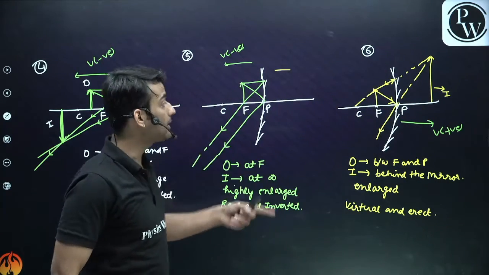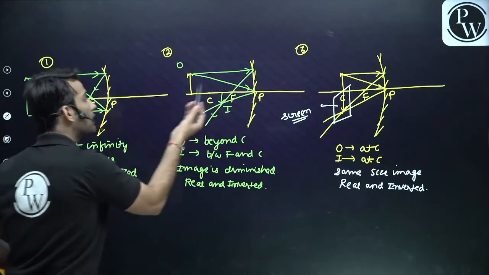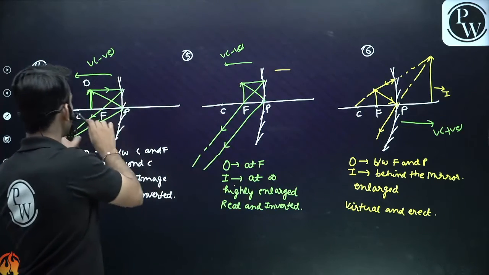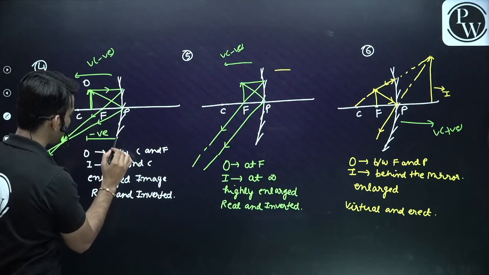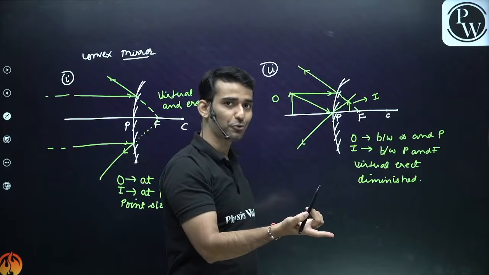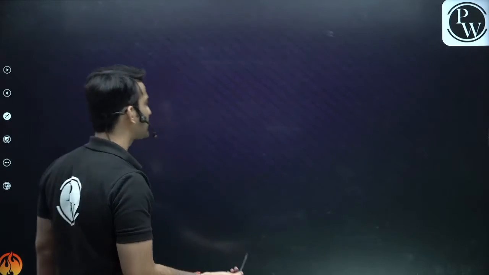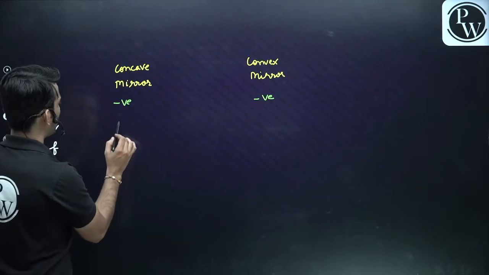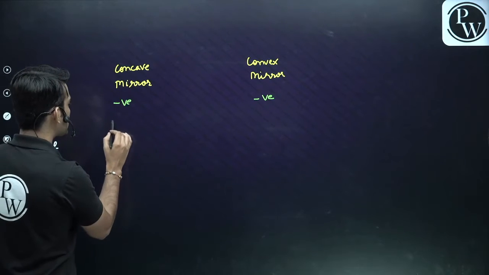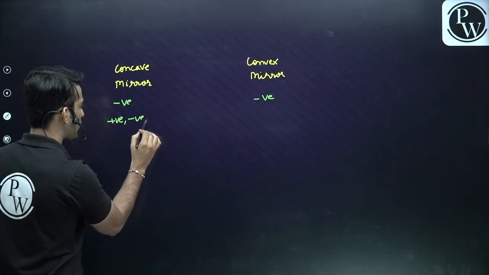Clear? But what about the object? In all the cases, the object is placed to the left. That means object distance is negative in each case. Are you getting it now? So image distance can be positive or negative for a concave mirror.